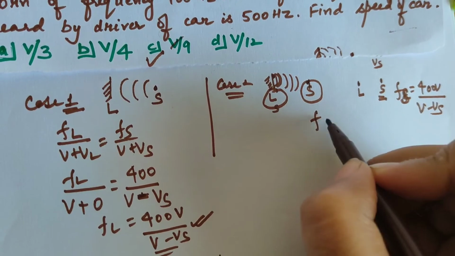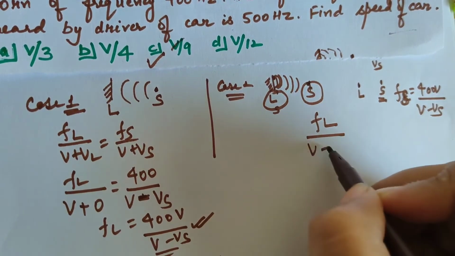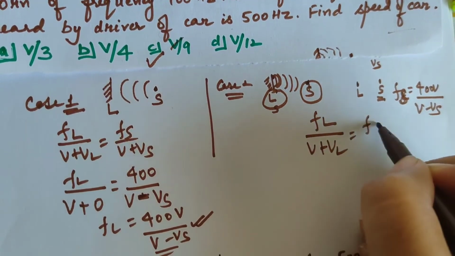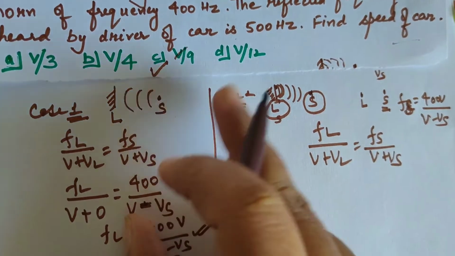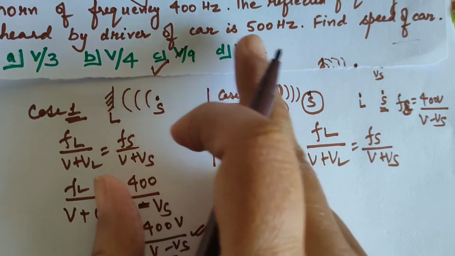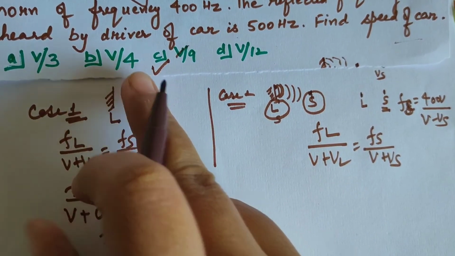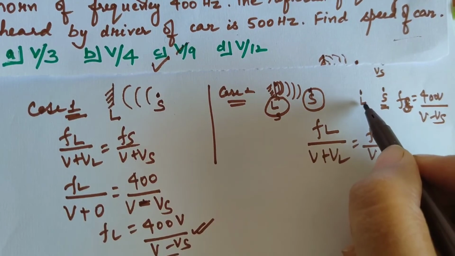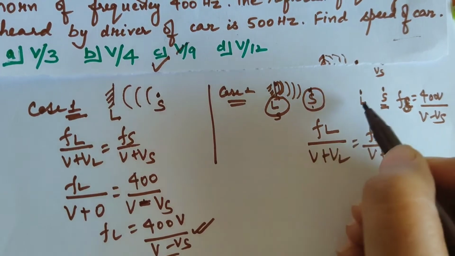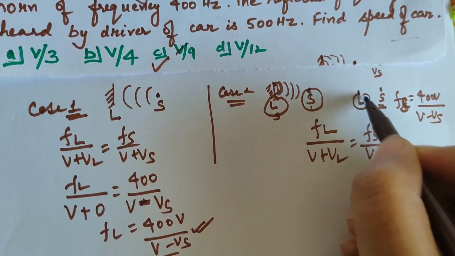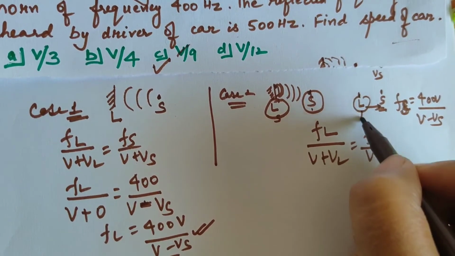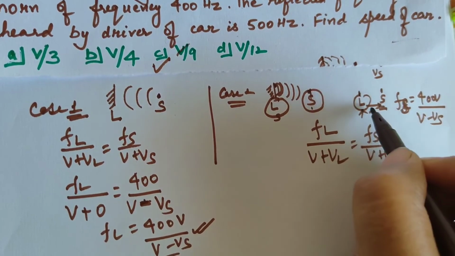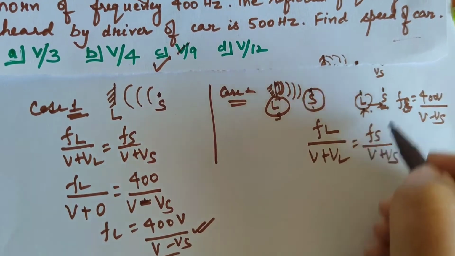Now let us put the formula FL/(V + VL) = Fs/(V + Vs). As per the question, the source car was coming towards the listener. Means in this second case, we are now treating your car as a listener. Listener is coming towards the source. As per the sign convention, the speed of the listener will be taken as positive because it is now approaching towards the source.